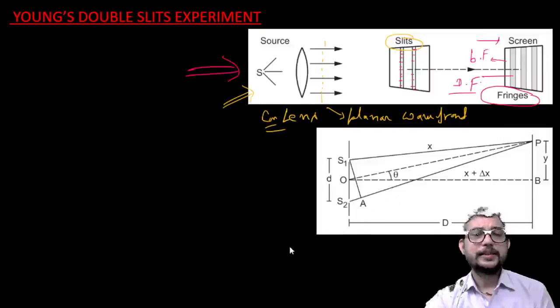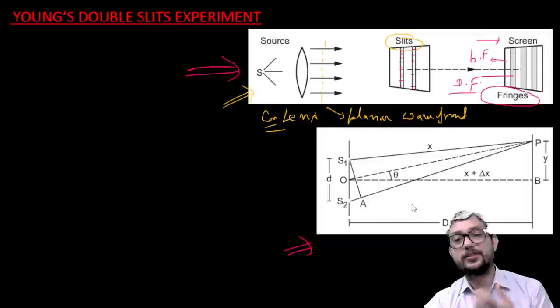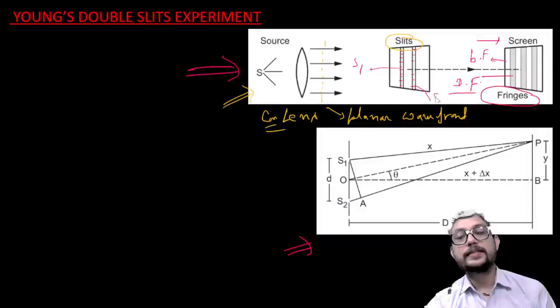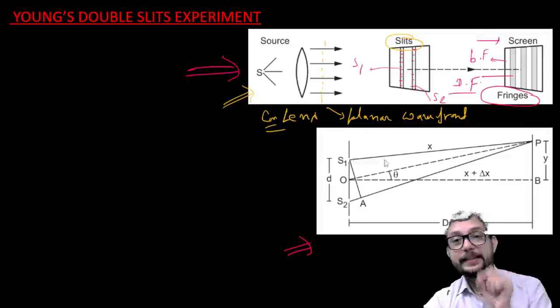Now as you can see on the second diagram, this is the mathematical diagram in which we can see that there are two slits, S1 and S2. So this is your first slit S1 and this is your second slit S2. These two slits originate two waves.